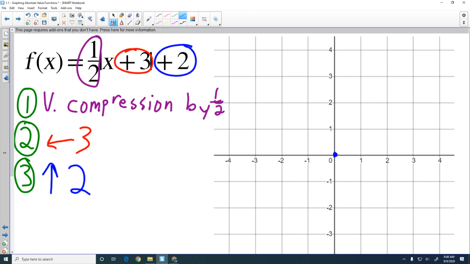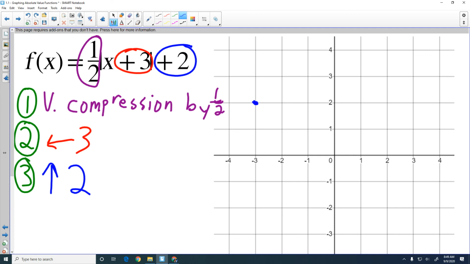So from the origin, I'm going to go left 1, 2, 3, and then I'm going to move up, left 3 units, then up 1, 2 units. And that's going to be my starting point. So I'm going to draw my vertex starting at the point -3, 2, because it went left 3 units and then up 2 units.